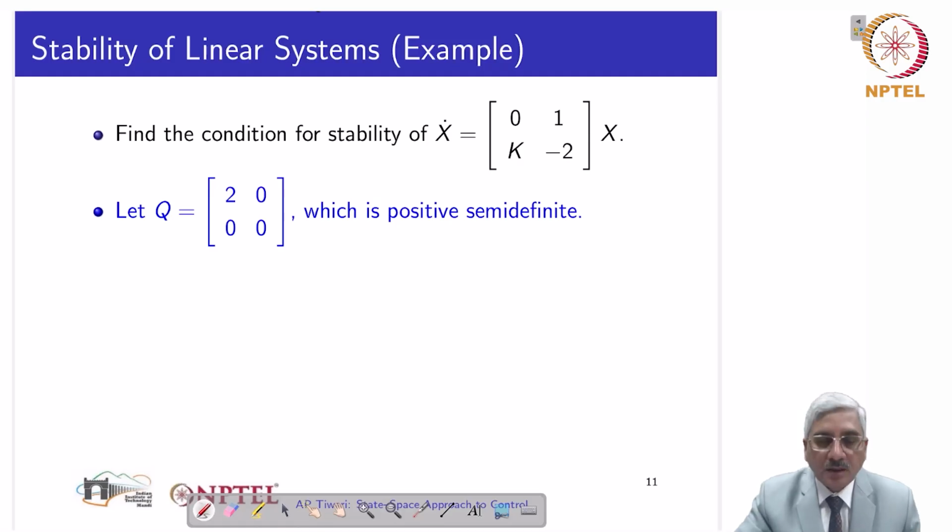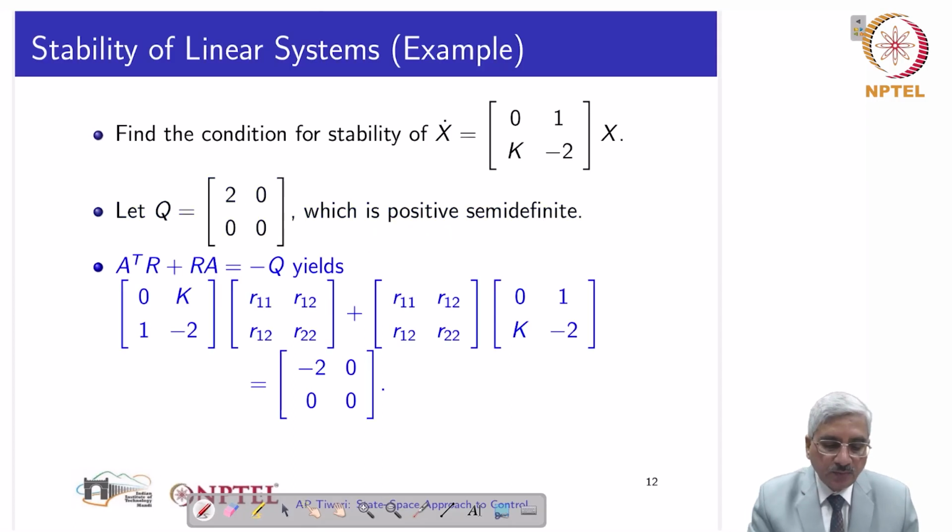Now for this, Q has to be chosen a little judiciously to result in ease of mathematical manipulation. We will see why I am telling this point. But let us say we select this Q, which is Q11 is 2, rest all entries 0, and this is of course a positive semi-definite matrix.